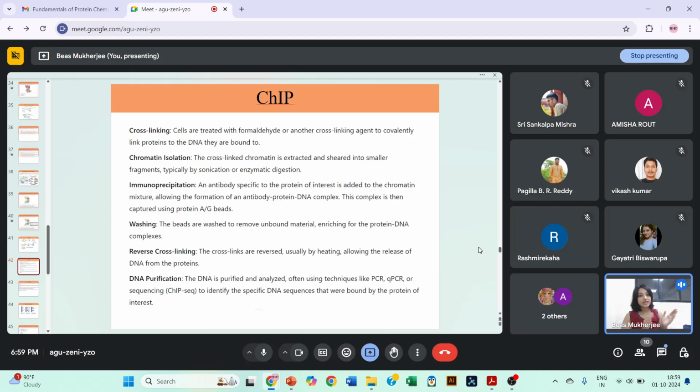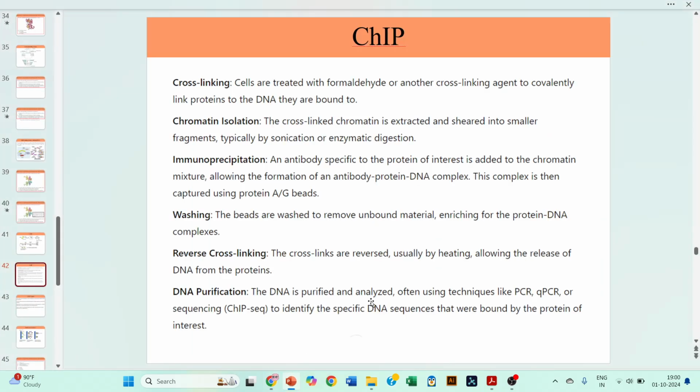Then there is washing, as we talked about, reverse cross-linking, and DNA purification using techniques like PCR, quantitative PCR, or ChIP sequencing, which is basically DNA sequencing after chromatin immunoprecipitation for the footprint DNA, and then you can study both the protein and the DNA of interest.